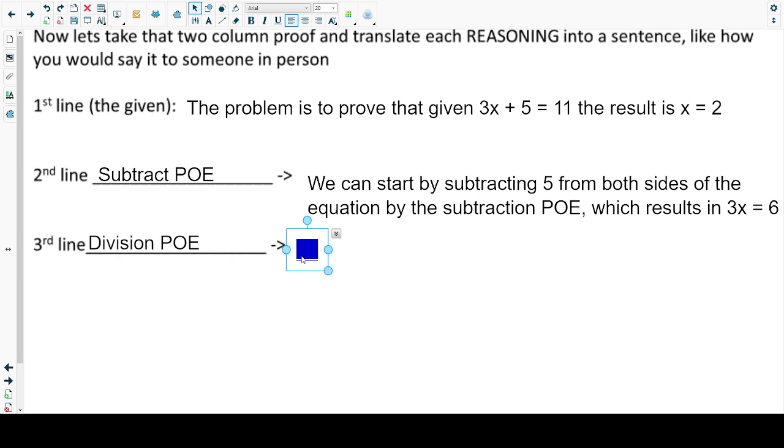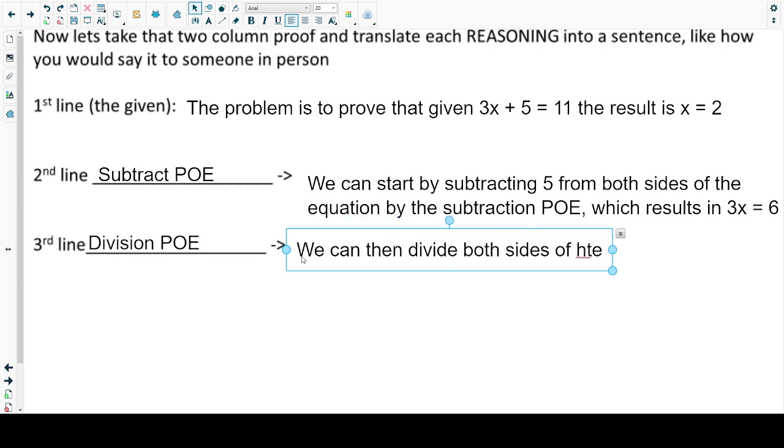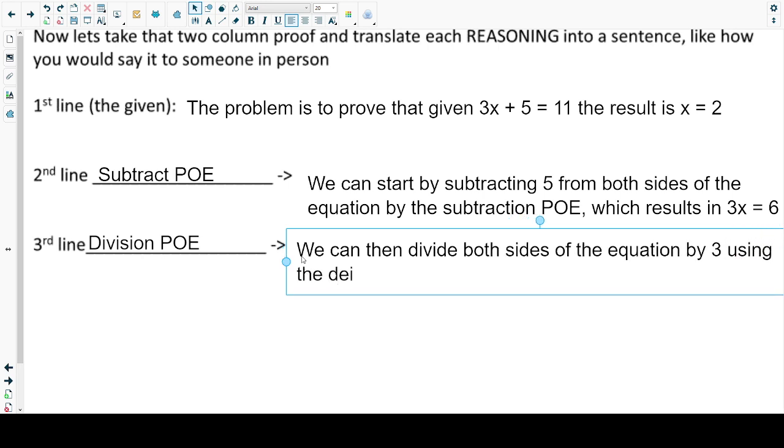And we're going to do the same thing. What did we do? Well, we can then divide both sides of the equation by 3. You can say, I'll do a little bit of a different transition here, using the division POE, which gives us x equals 2.